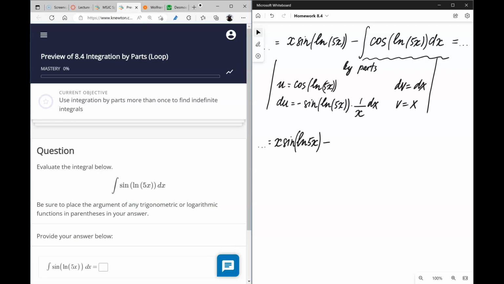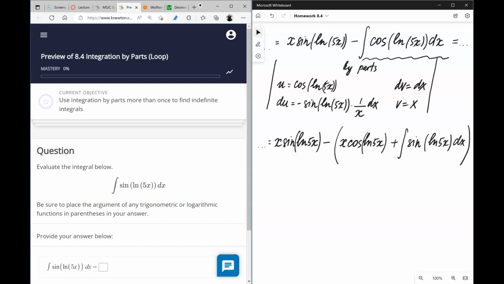So we have now uv, so I'll put parentheses here, uv, so we have x cosine of ln of 5x minus integral of v du, but the minus times minus becomes plus, so we have integral of v du, and this x will cancel this x when we put it together, so the only thing we have left is the integral of sine of ln of 5x dx.